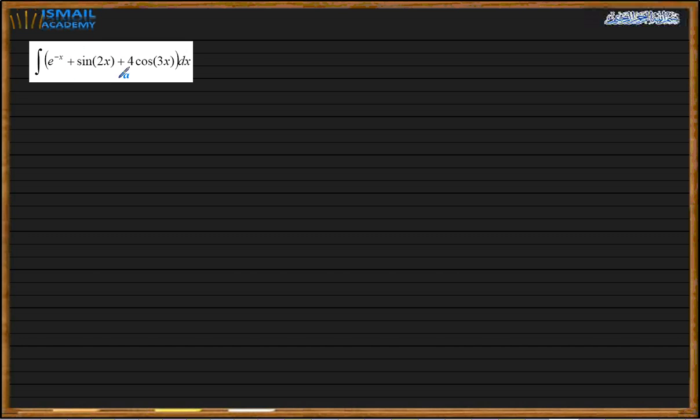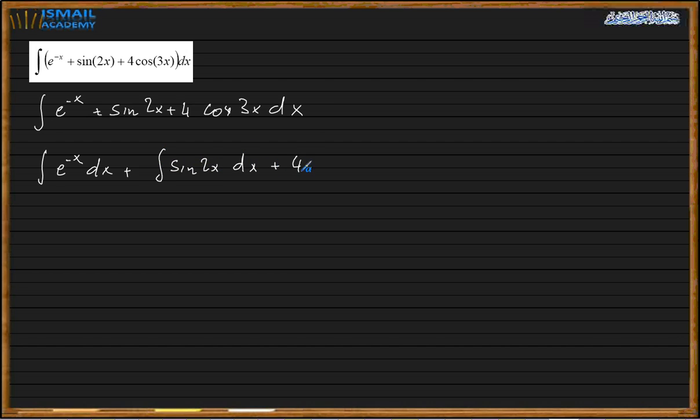Here I do the same thing. So this is going to be the integral of e to the minus x sine 2x plus 4 cosine 3x dx, which is the same thing as the integral of e to the minus x dx plus the integral of sine 2x dx plus 4 times the integral of cosine of 3x dx.